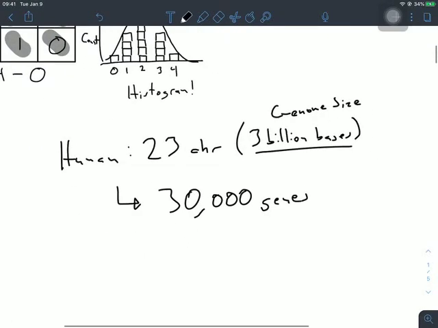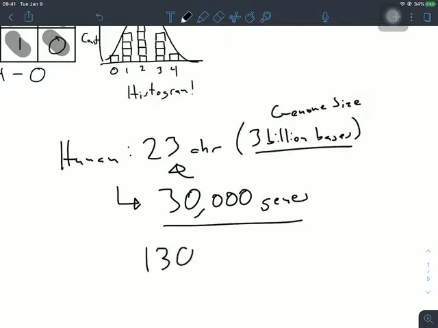Now, splitting 30,000 genes across 23 chromosomes, well, you're not expecting there to be only one gene per chromosome, right? In fact, you're expecting there to be something like 1,300 genes per chromosome.